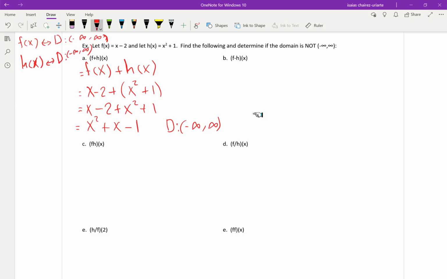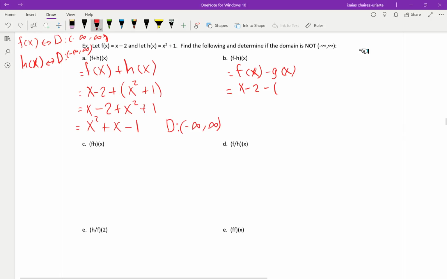Next one, let's see. So this becomes f of x minus g of x. Okay, similar to the previous exercise we did. So this is going to become x minus 2 minus, now this parentheses here that I'm going to put is important because it's going to change the signs of my function h of x.